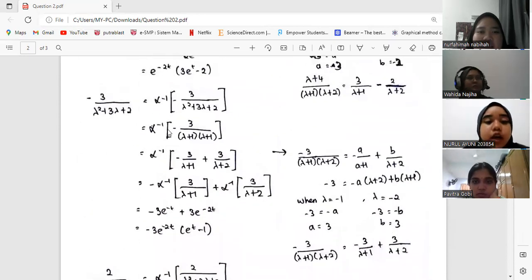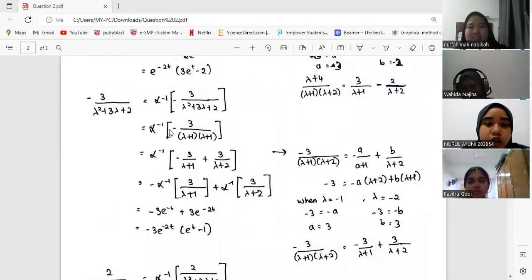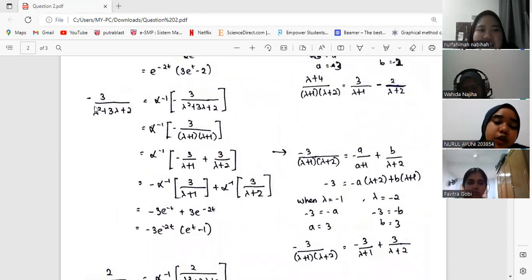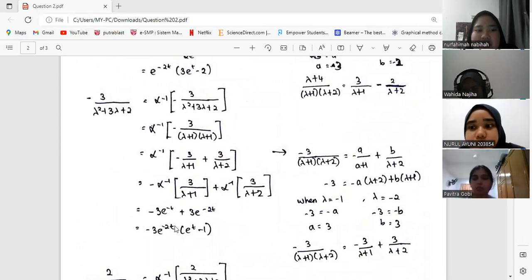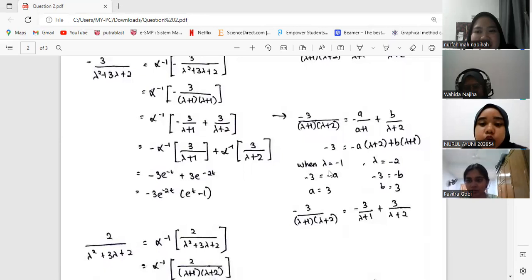Next, we will find for negative 3 over lambda squared plus 3 lambda plus 2. Using the same method, partial fractions, with lambda equal to negative 1 and lambda equal to negative 2, we get A equal to 3 and B also equal to 3.